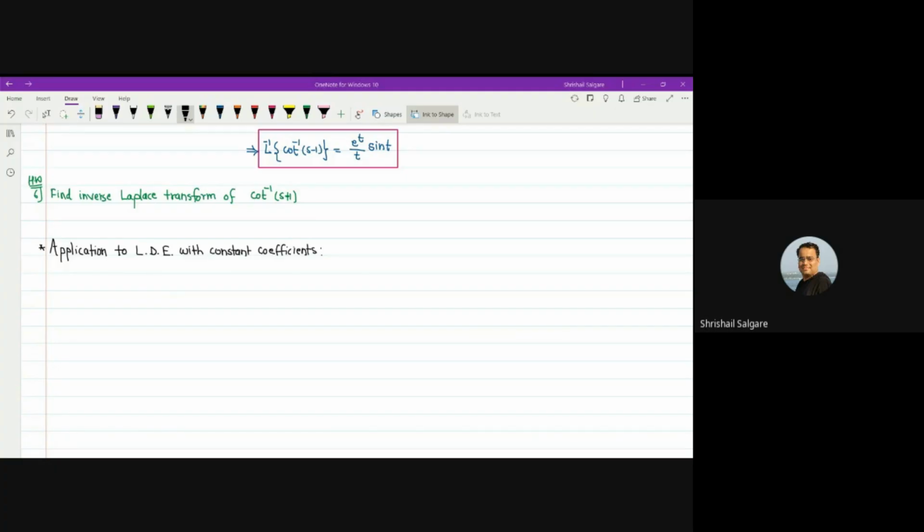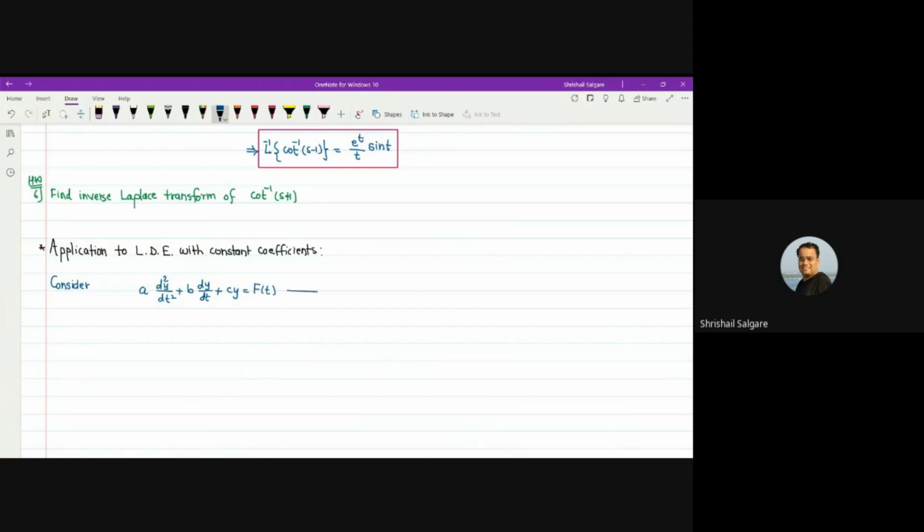Okay, let us continue. Consider the differential equation. I will take a particular second order only: a d2y by dt square plus b dy by dt plus c into y is equal to some function of t.